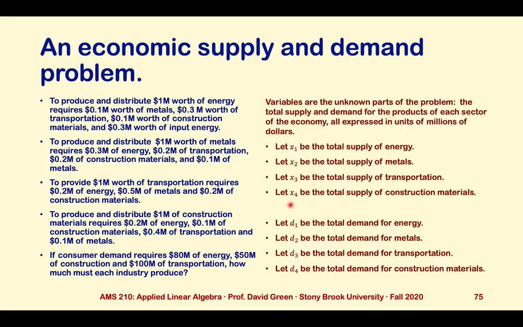Let's use X's for supply, X1, 2, 3, and 4 for the total supply of energy, metals, transportation, and construction. And let total demand be D1, 2, 3, 4 with the same ordering. Be very careful here about the matching of subscript numbers to the sector when constructing this, especially since you're never sure whether the ordering in the words is going to be consistent with how you've written down your variables.